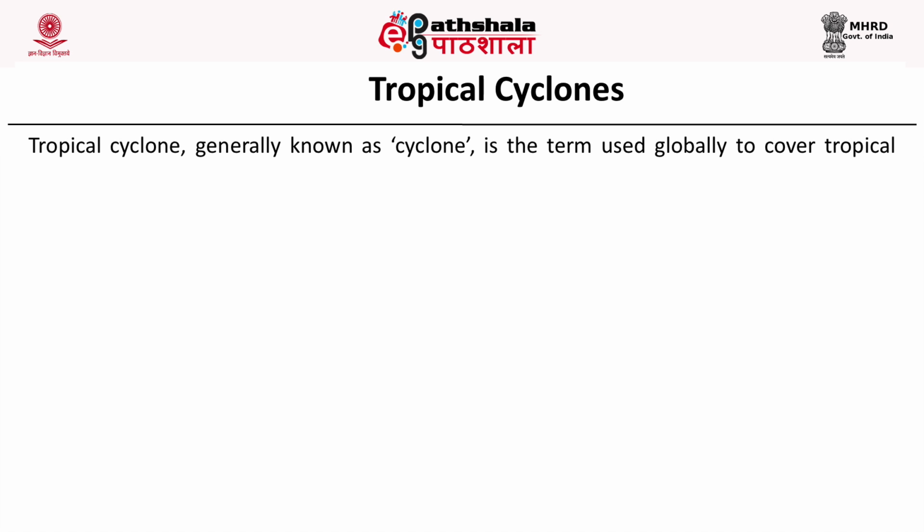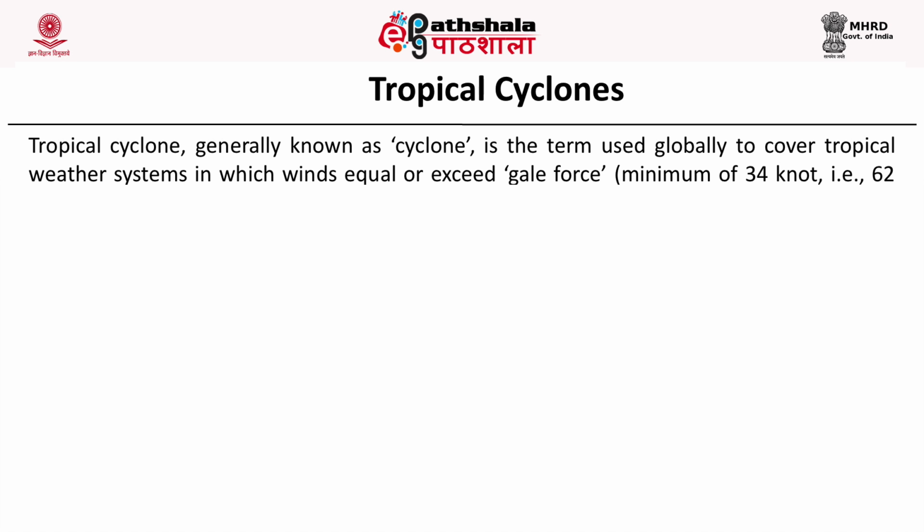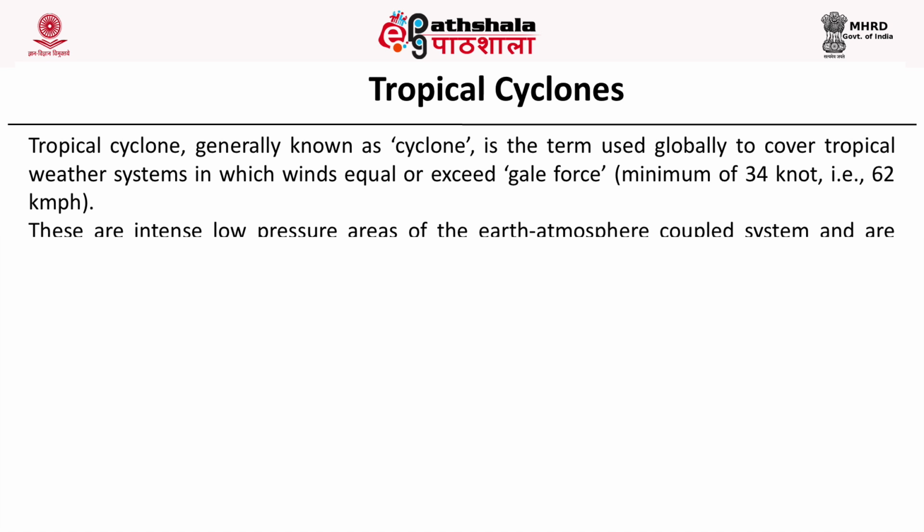The first one is tropical cyclones. Tropical cyclones, which we generally call cyclones, is the term that is used globally to cover tropical weather systems in which winds equal or exceed gale force, that is a minimum of 34 knots or 62 kilometers per hour.